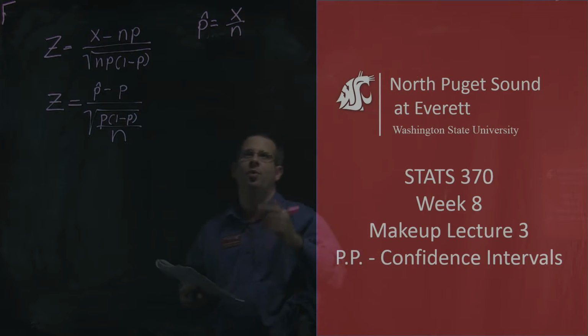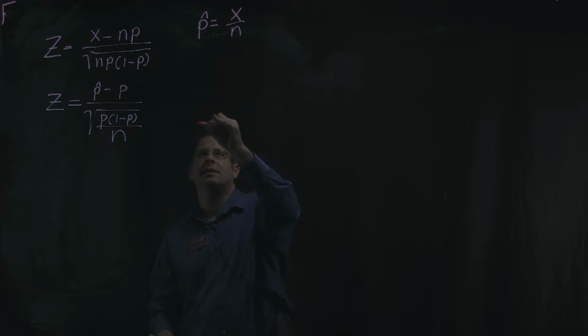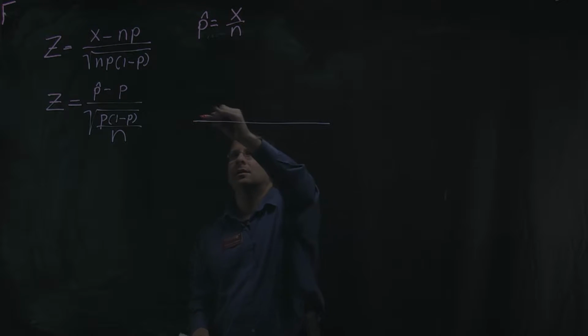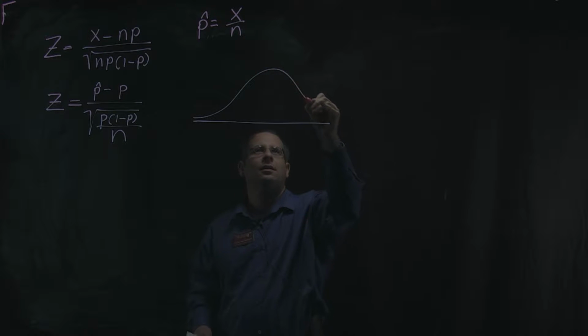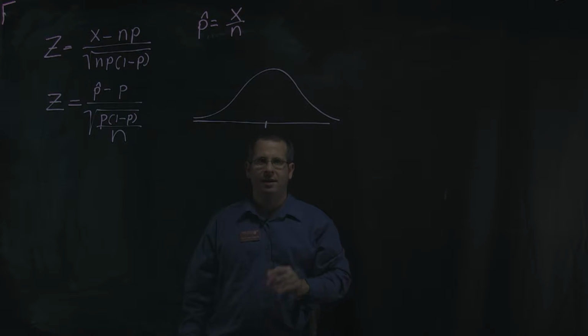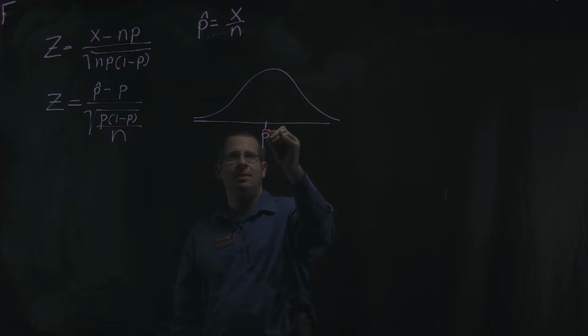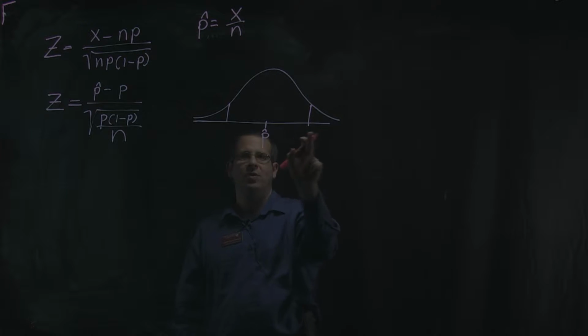So remember, the point of a confidence interval is that I'm trying to find if this represents my proportion, that I trust that the true p is somewhere in this domain between these bounds.